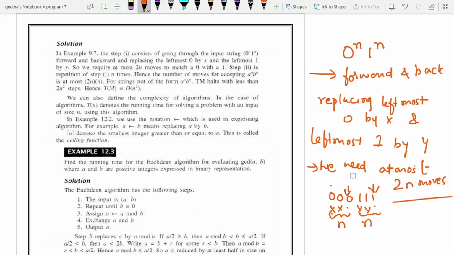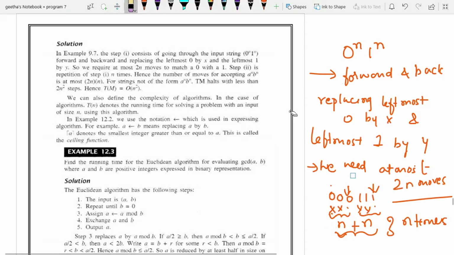Now this kind of step needs to be repeated n times. That is, matching 0 with 1 needs to be repeated n times.